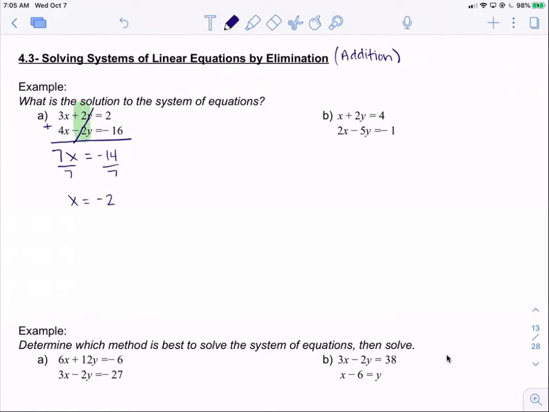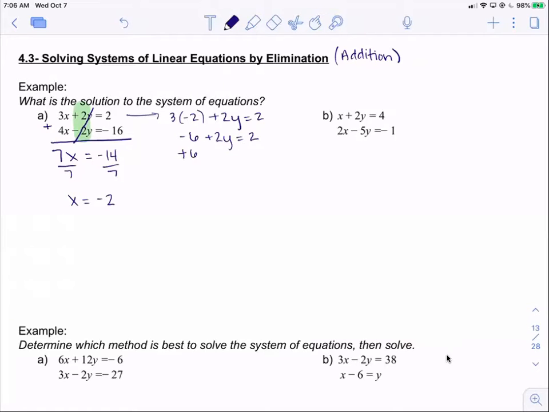Now we want to plug in and solve for y, because remember our solutions are always ordered pairs. And it doesn't matter which equation you plug into. I'm going to just plug into our first equation. So we have 3 times negative 2 plus 2y equals 2. 3 times negative 2 is negative 6, plus 2y equals 2.